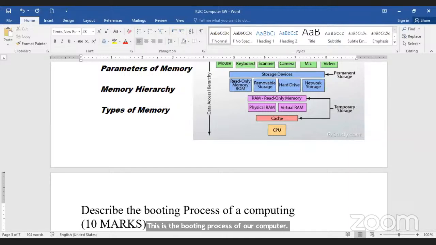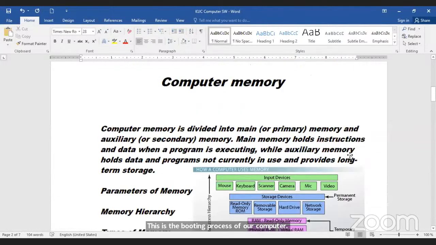When you power on the computer system, the computer goes through the booting process. The booting process involves loading the basic input and output system, and these instructions are stored on the ROM.